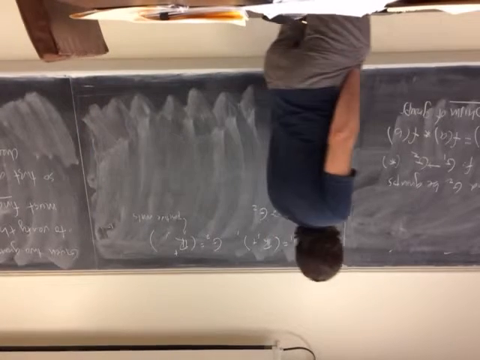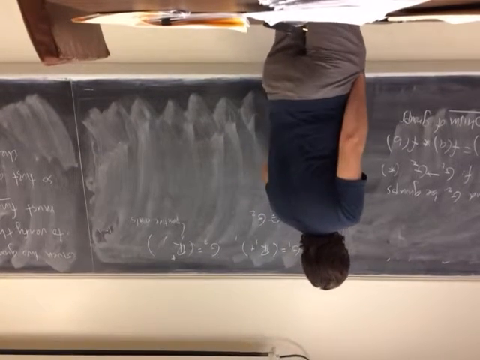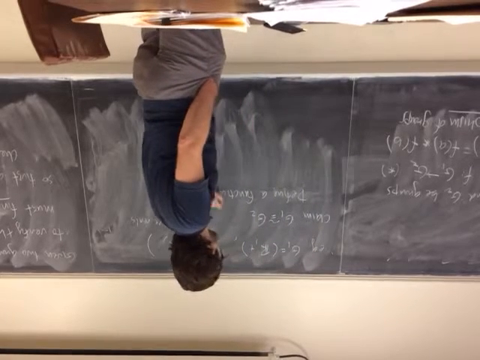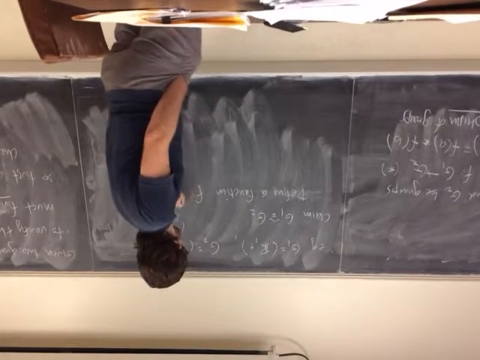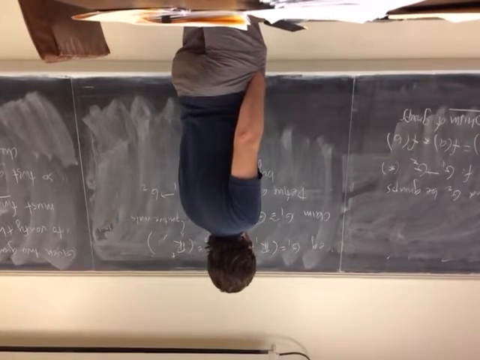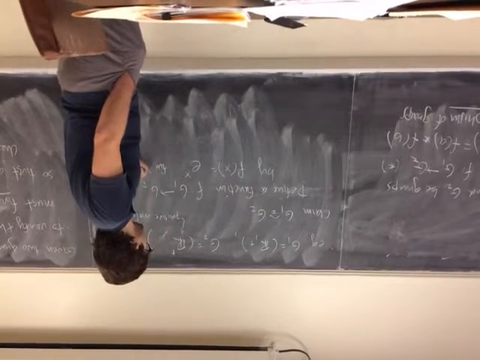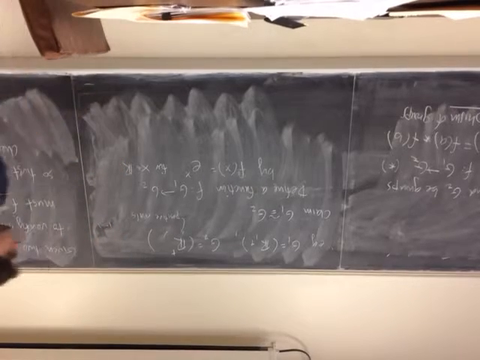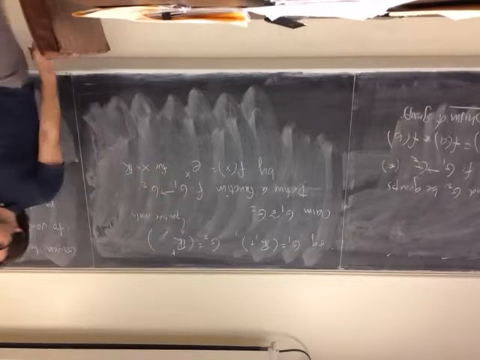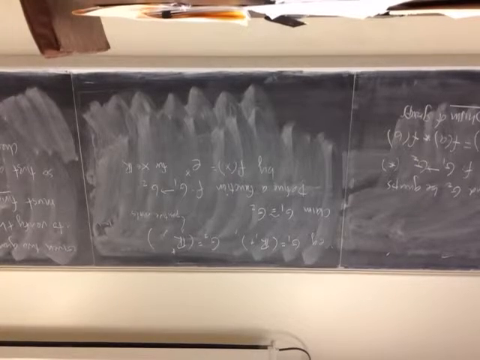So let's define a function f from G1 to G2 by f of x equals e to the x, for any real number x. It definitely maps to the positive real numbers, right? e to anything is positive.